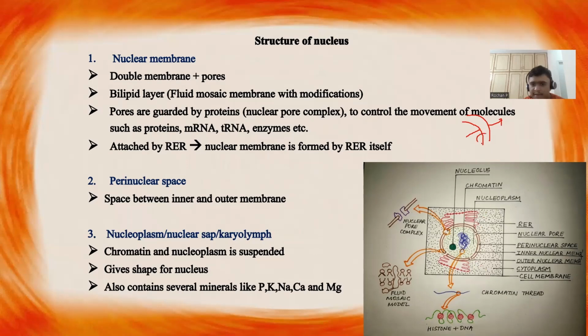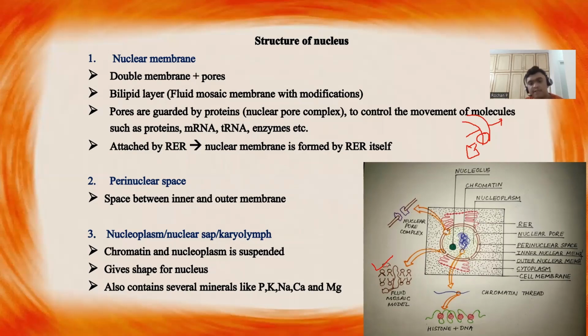If you magnify either one of the nuclear membranes, what are you going to find? You are going to find a structure like this. And this is called the fluid mosaic model or fluid mosaic membrane. Where have we seen this? This was used to explain the structure of a cell membrane.